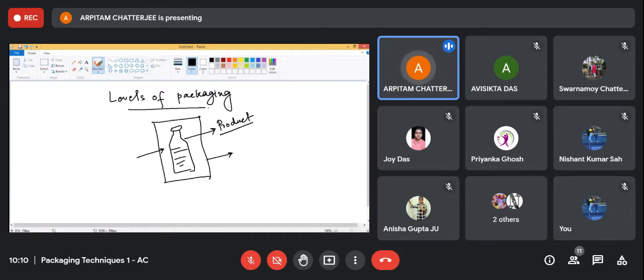So basically there are two levels of packaging over here. The packaging which directly interacts with the product is called primary packaging.